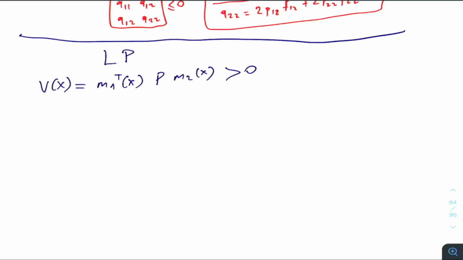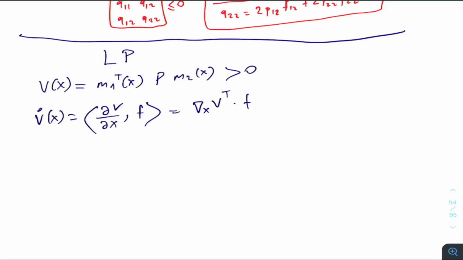All right, after that V dot, you are going to also times f, transpose times, I shouldn't write this.